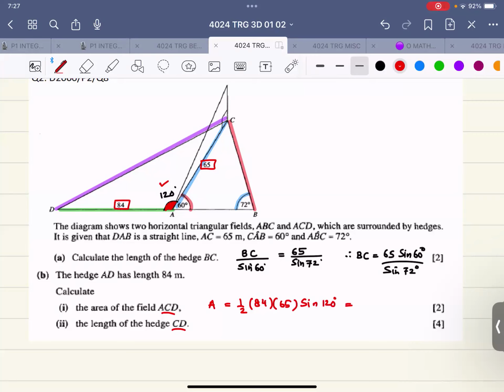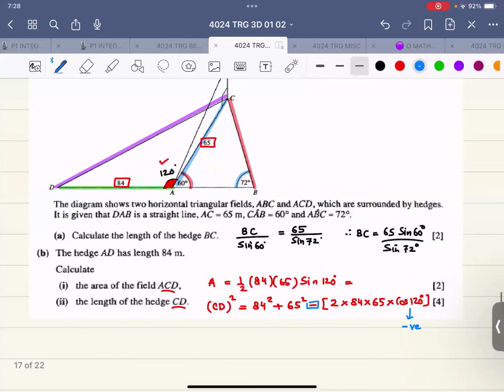What about the length of the edge CD? That is cosine rule. CD square is equal to 84 square plus 65 square minus 2 into 84 into 65 into cosine of 120 degrees. Remember, cosine of an obtuse angle is negative. There is this negative over here. It will become positive.